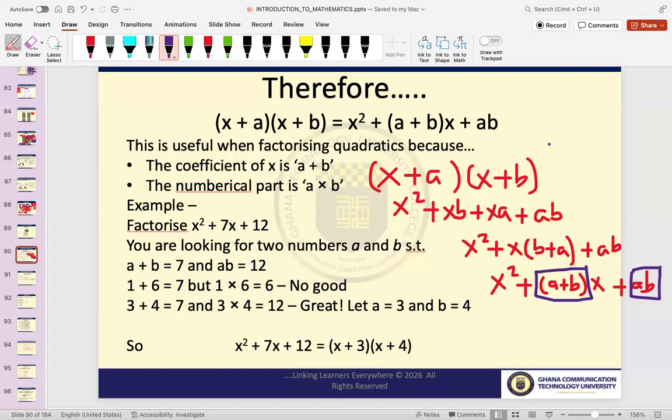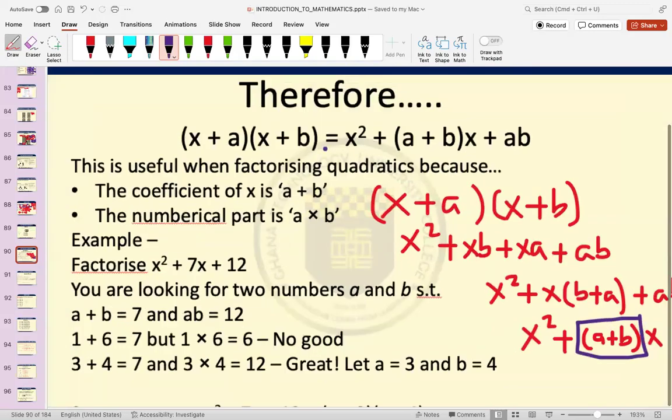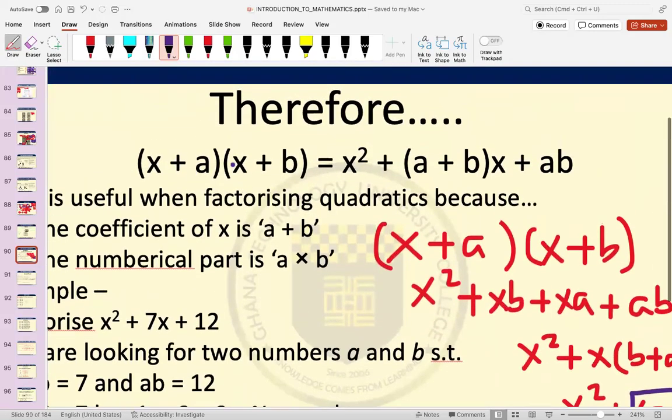What it means is that anytime you expand two algebraic expressions in which you have the same variable here and the same variable here, and then you have different numbers here, like a and b, all you are going to do is generate 3 terms.